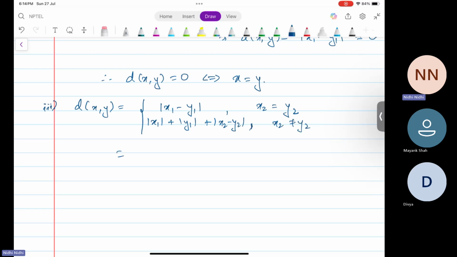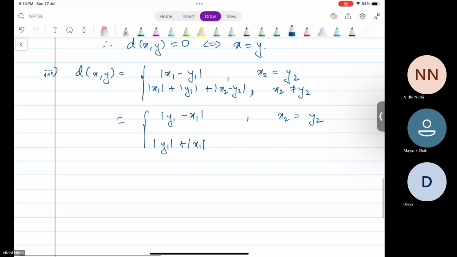Since everywhere we have modulus, we can write it like this as well, just using commutativity of real numbers and the property of modulus. Now this is equal to dyx. This case was rather trivial.